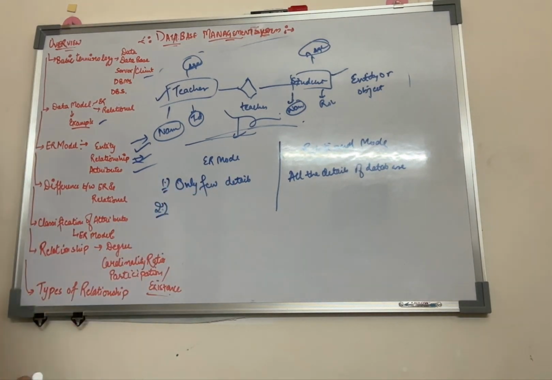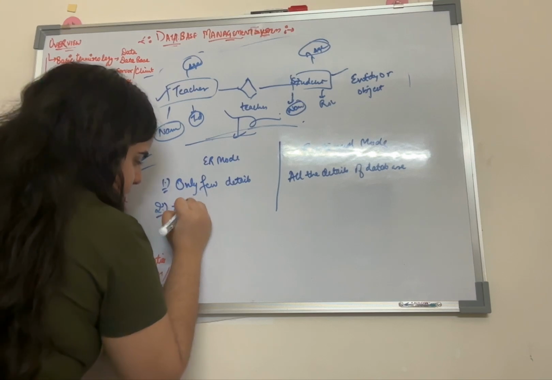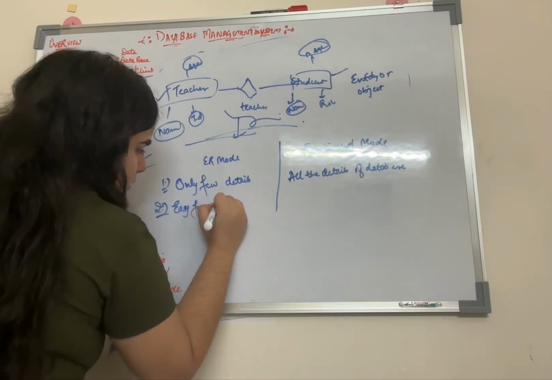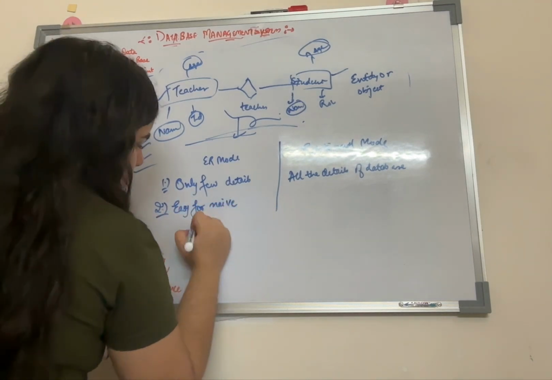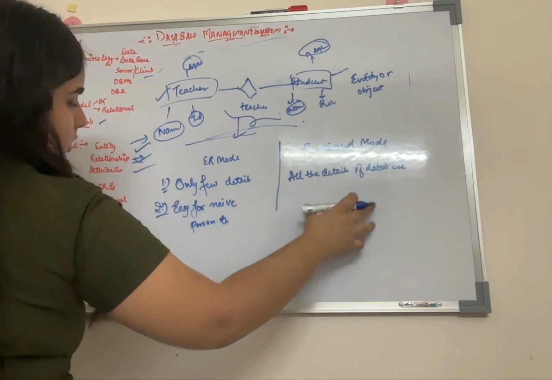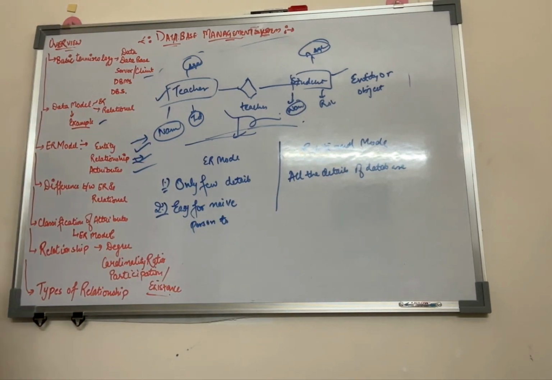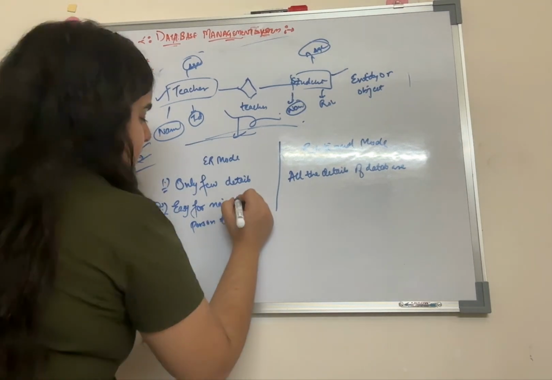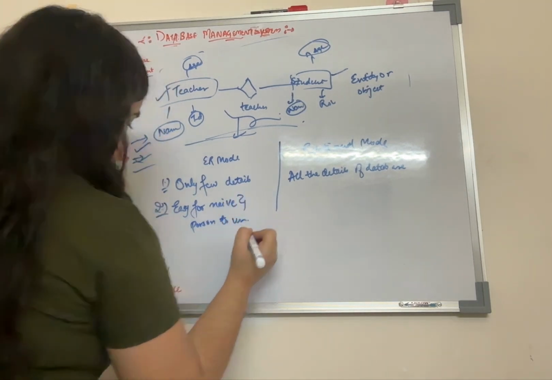Second point: the ER model is easy for a naive person to understand. Let's say you are a product manager. You won't need to know what all values are there in that database. You just want a brief diagram of that database so that you can make your stakeholders understand what is there. So it is easy for a naive person to understand.